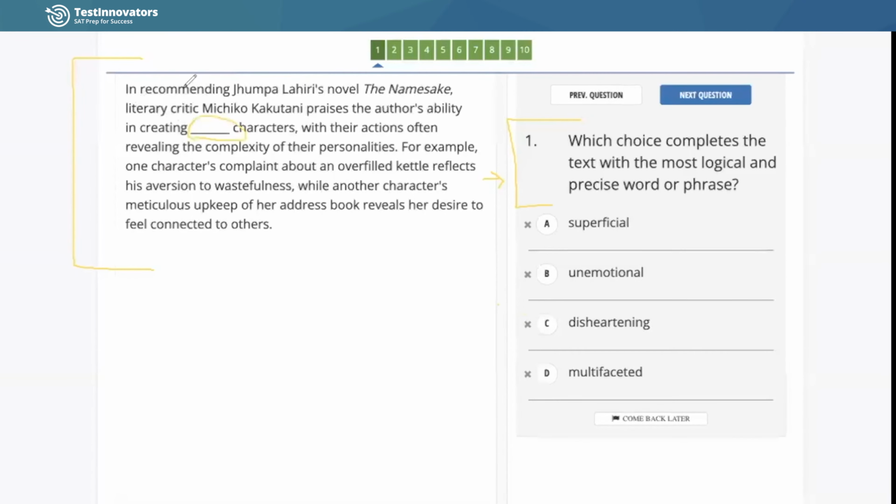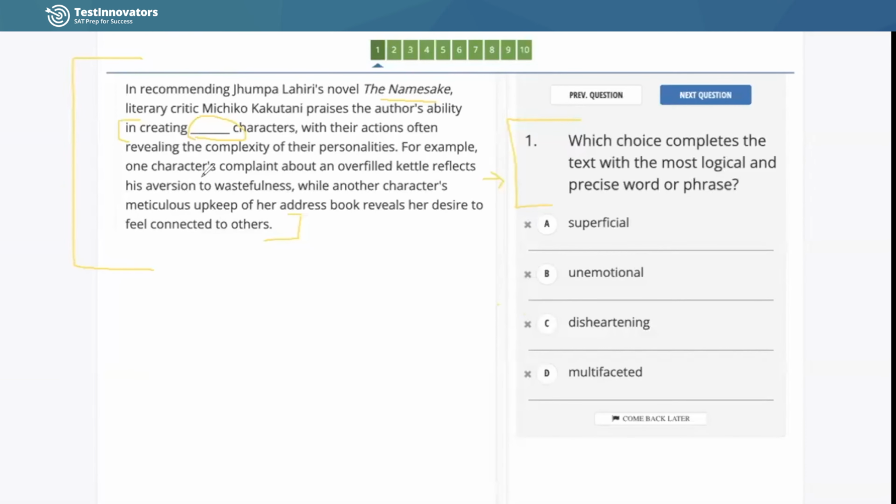And here we know that we are talking about Jhumpa Lahiri's novel, The Namesake, or rather what literary critic Michiko Kakutani thinks about this book. We see that she's talking about these characters, but we don't know how she's describing these characters because the adjective is missing.